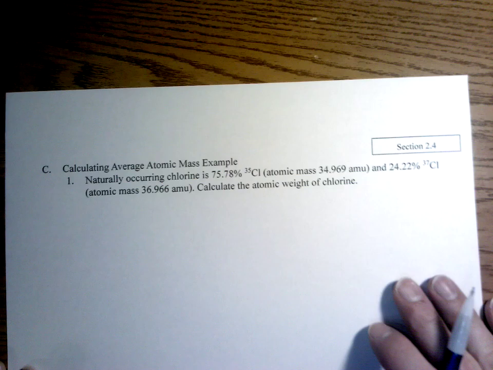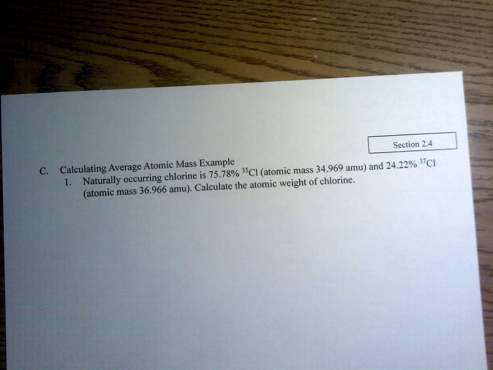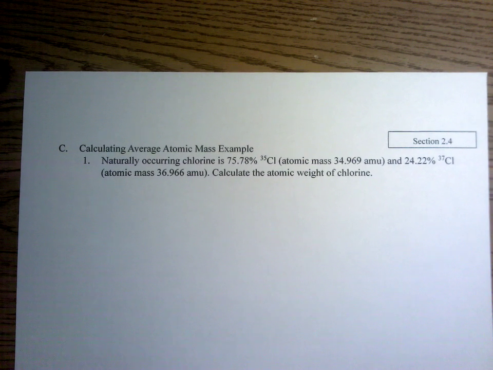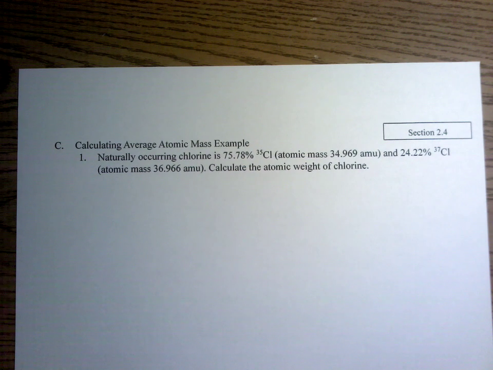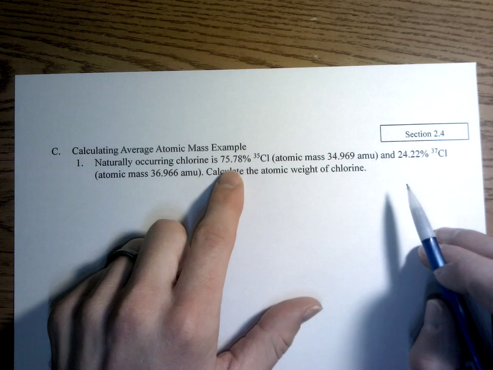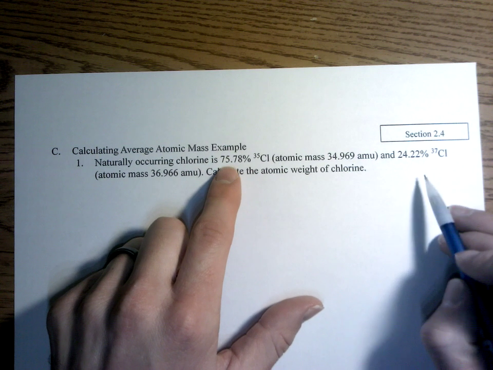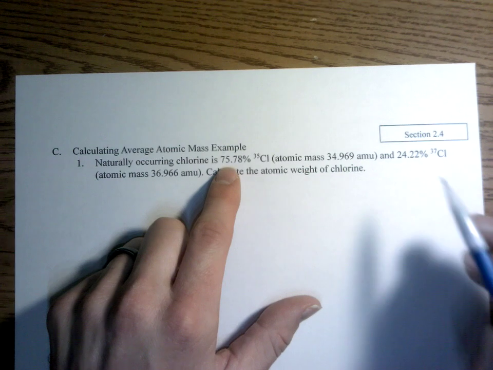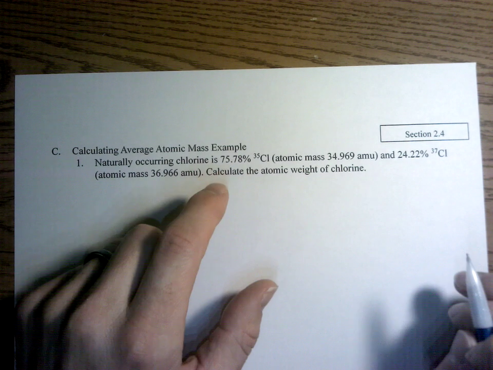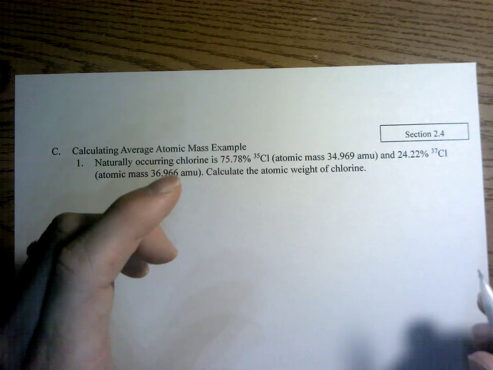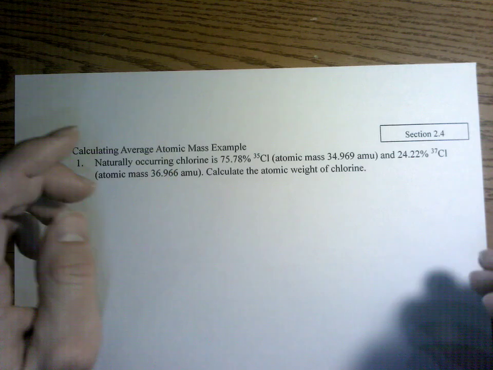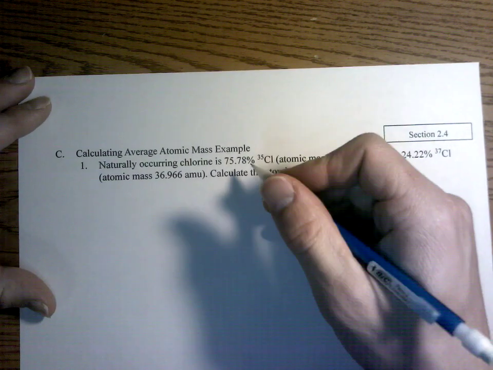All right, so here we go. We got chlorine. Chlorine has two naturally occurring isotopes, chlorine-35 and chlorine-37. Each has a particular percent abundance in the universe. So to calculate the atomic mass of the chlorine, what we do is this. We take the percent of isotope 1.